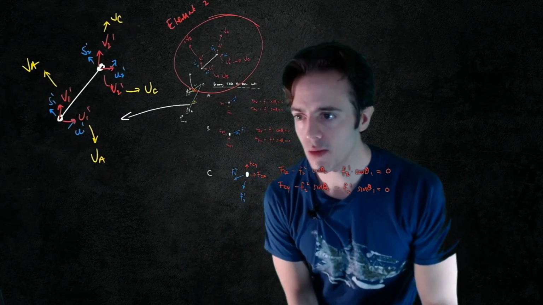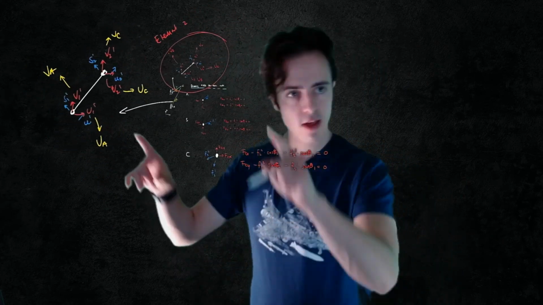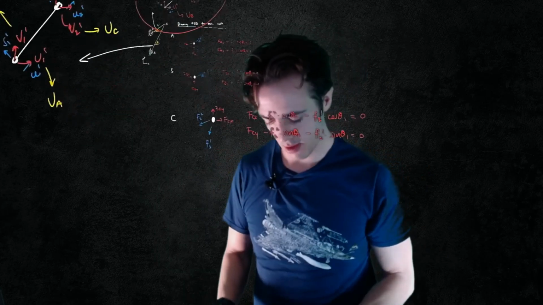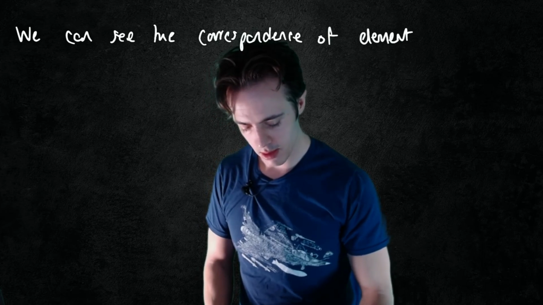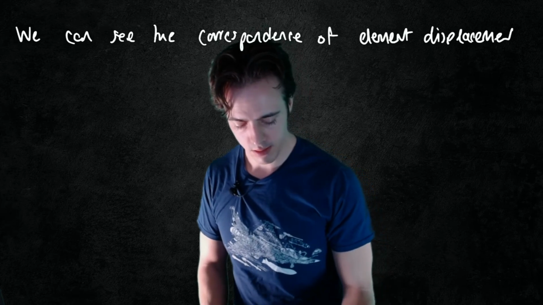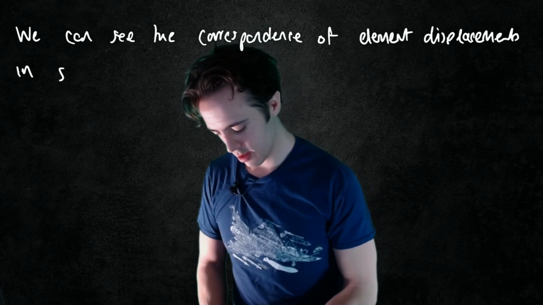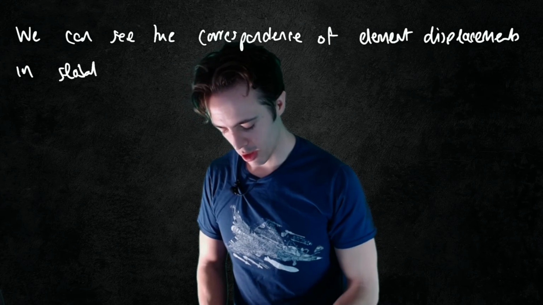We've now got everything we need to set this up as a matrix problem. Let's write these up in some concise form. So we can see the correspondence of element displacements in global coordinates.